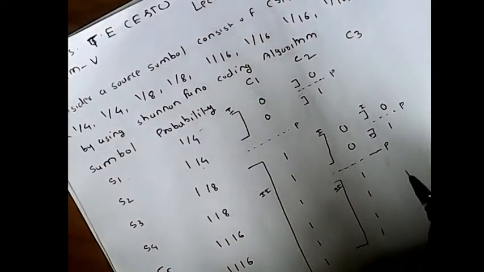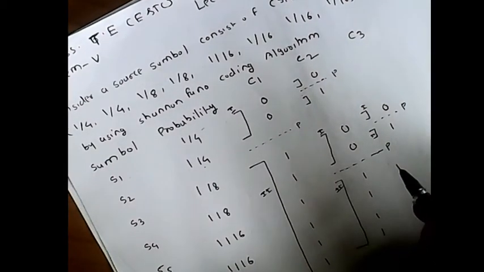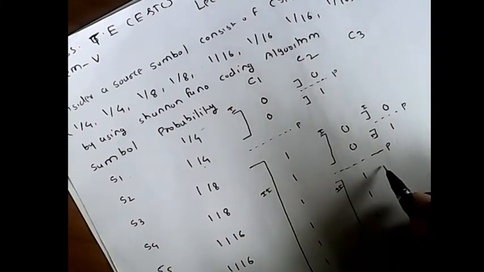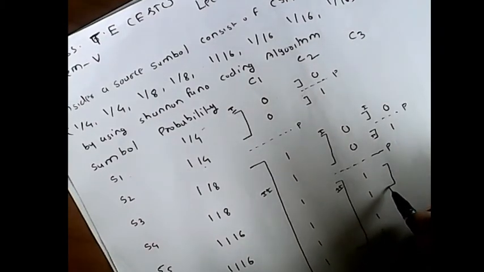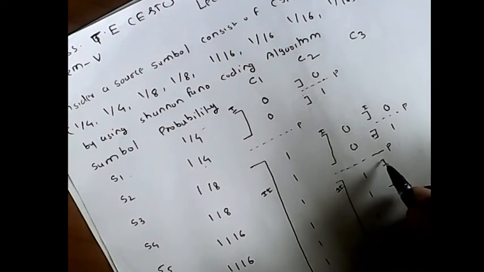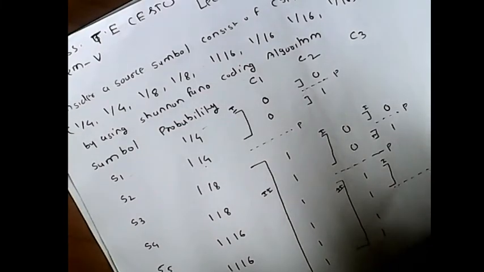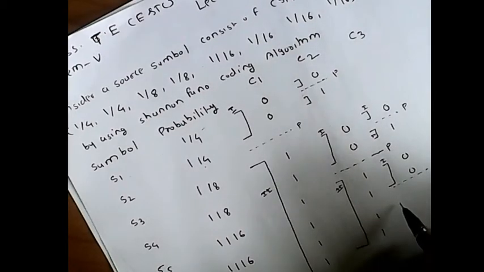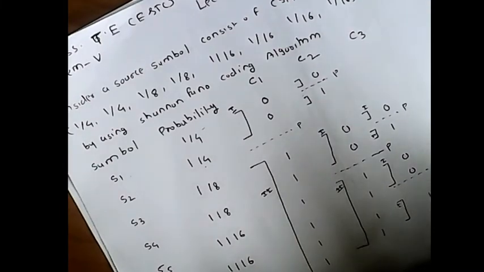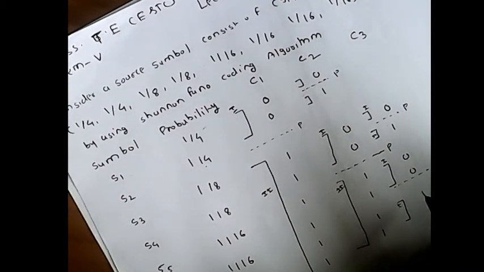Similarly, S5 and S6 are one group and get 0, and the second set, S7 and S8, gets 1.